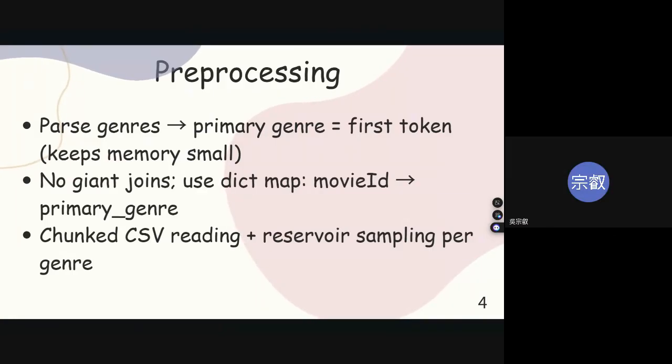We read large CSVs in chunks and use reservoir sampling per genre where needed, so our plots are statistically stable without RAM spikes. All outputs are written to a single folder for easy reuse by the rest of the team.